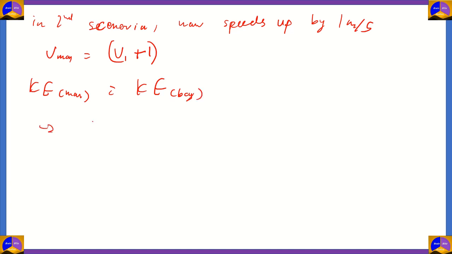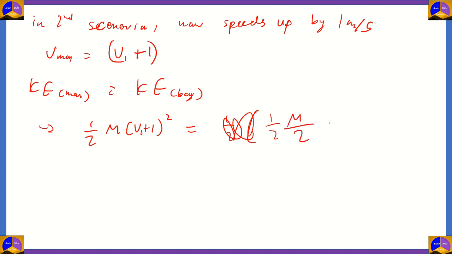So that means half times m times v1 plus 1 squared will be equal to half times m by 2 times v2 squared. This is equation 2. So now what we're doing is we're going to compare both of these equations.